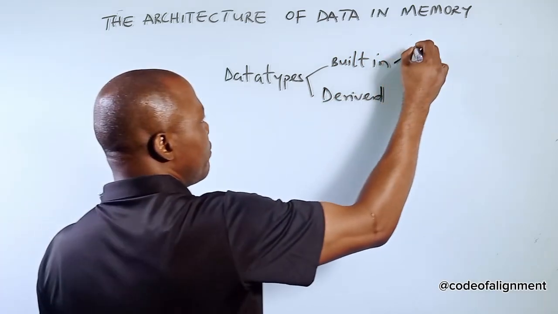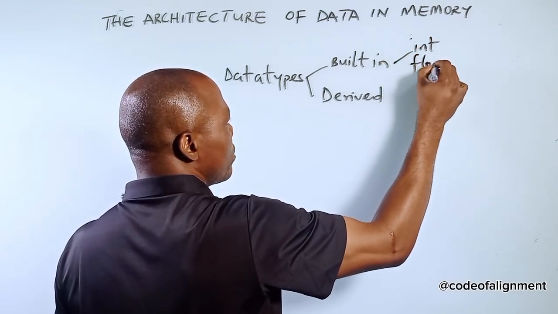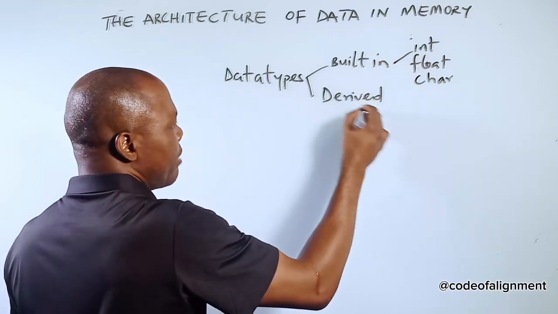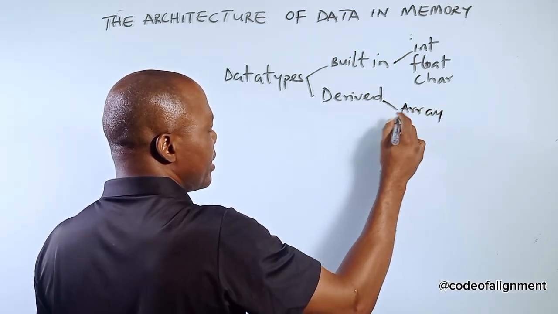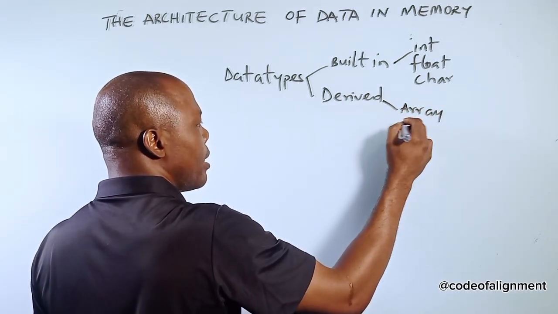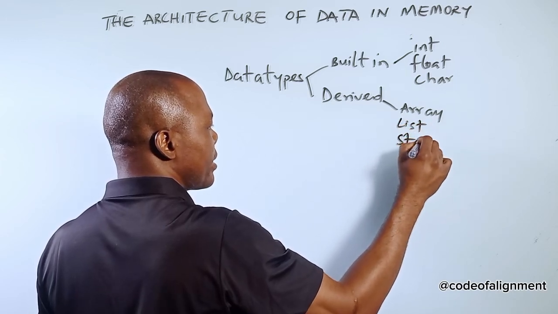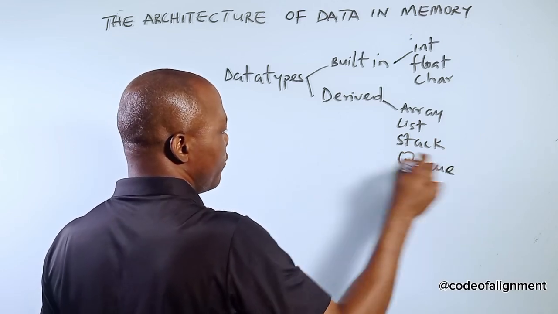Then I gave you examples of the derived ones, such as array, list, stack, and queue. I'm just giving you a few.